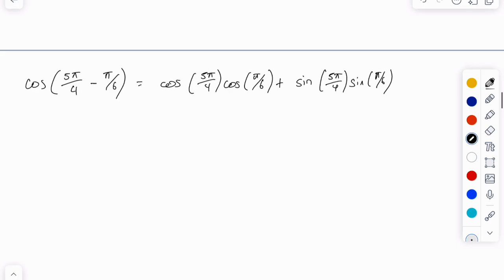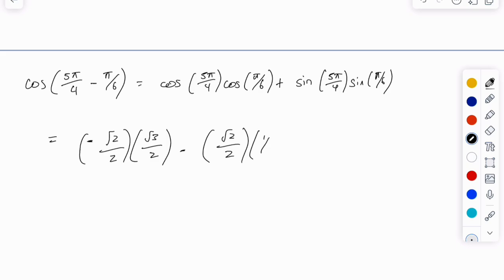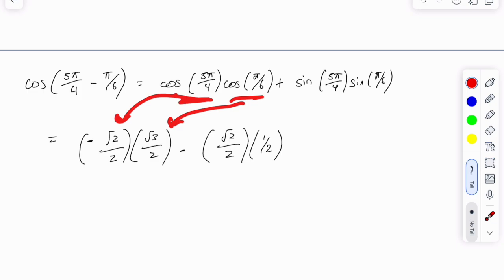So now, if we're showing all our working, that's just going to equate to negative root 2 over 2 times root 3 over 2, minus root 2 over 2 times a half, because all we've done is equated each of these accordingly.